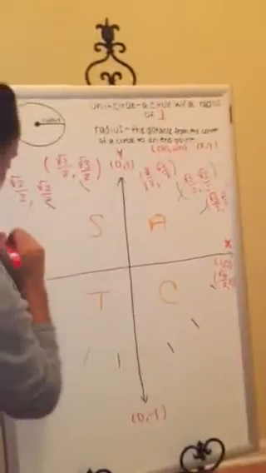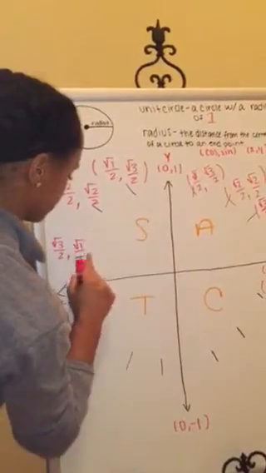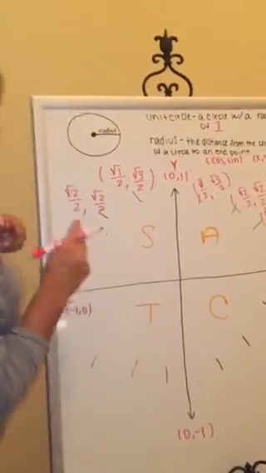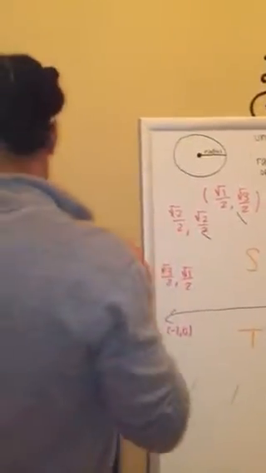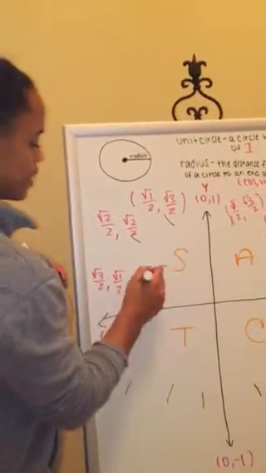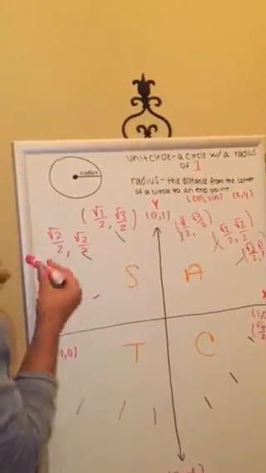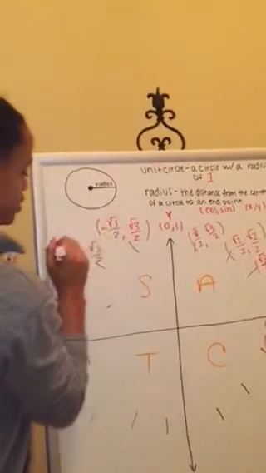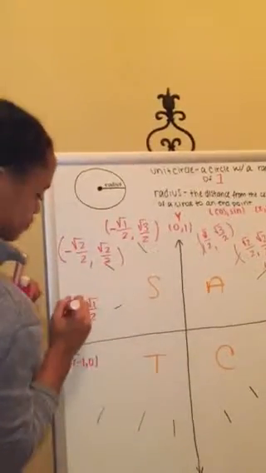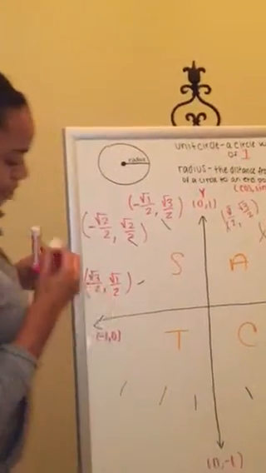Square root of 3 over 2, and then square root of 1 over 2. When we do these values, since only sine is positive, that means that cosine will be negative. So cosine, the first value on each of these, is negative. You can see the negative right there.